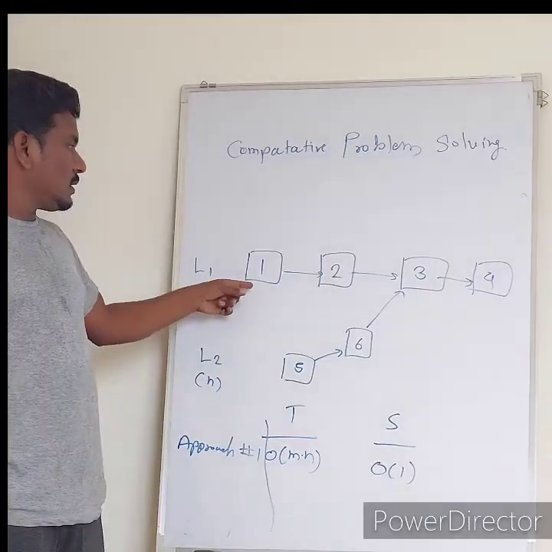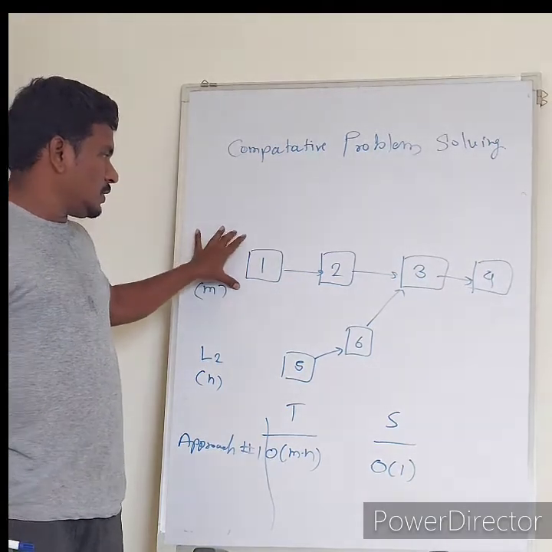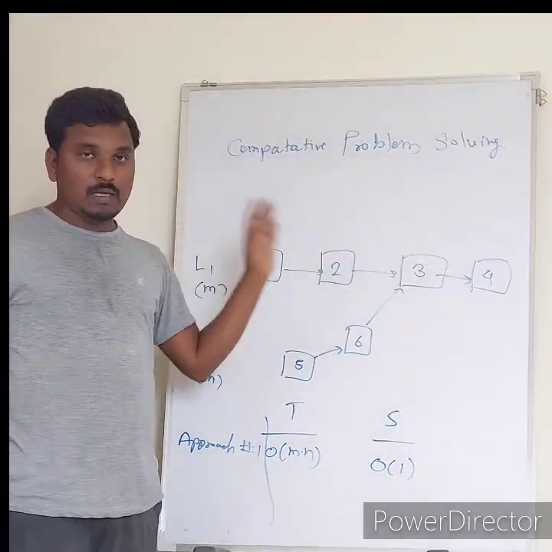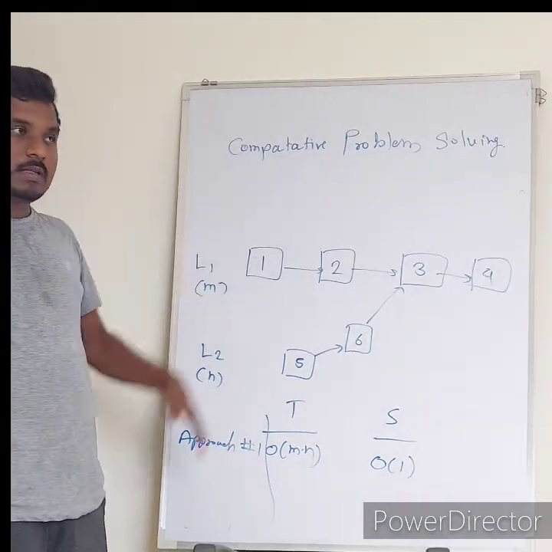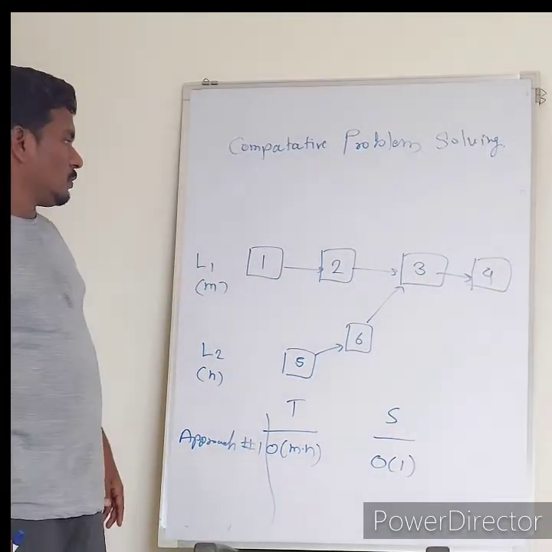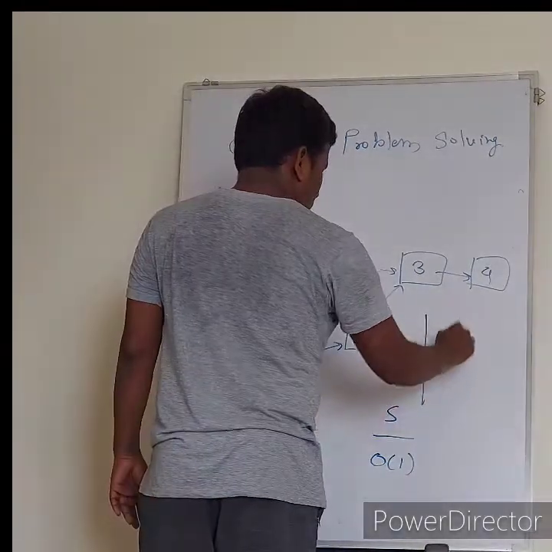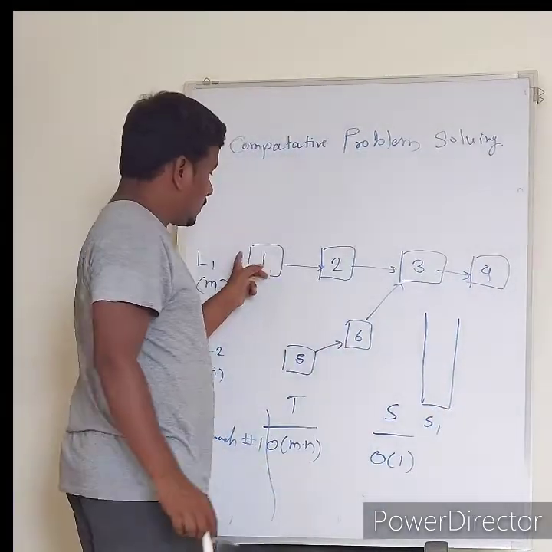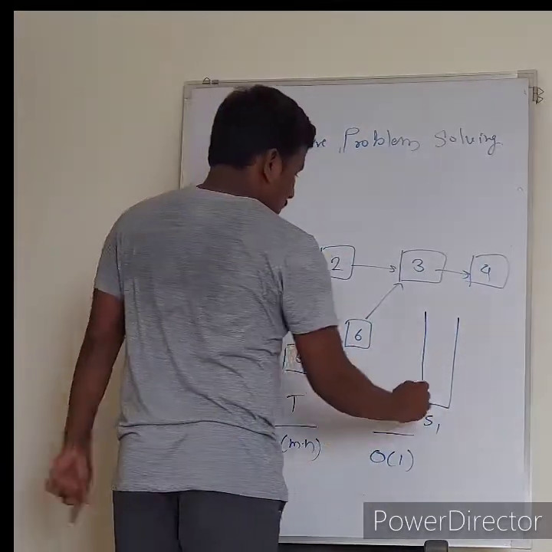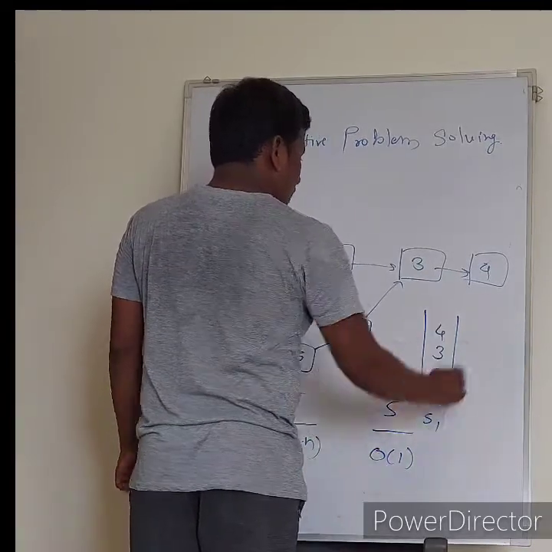The first thing is that I would traverse a single list at a time and push it into a stack. So I would take a stack S1 and start pushing those nodes as I visit them. So 1, 2, 3, 4.